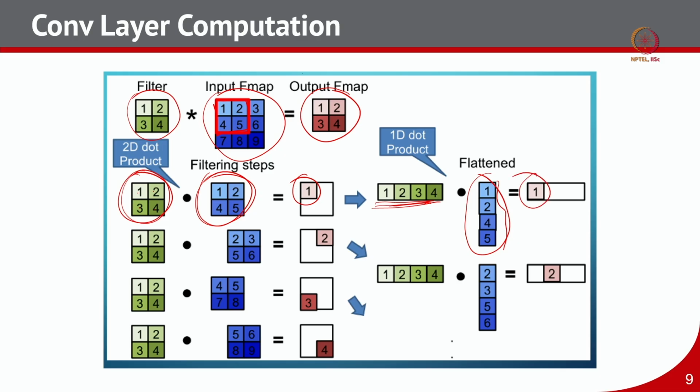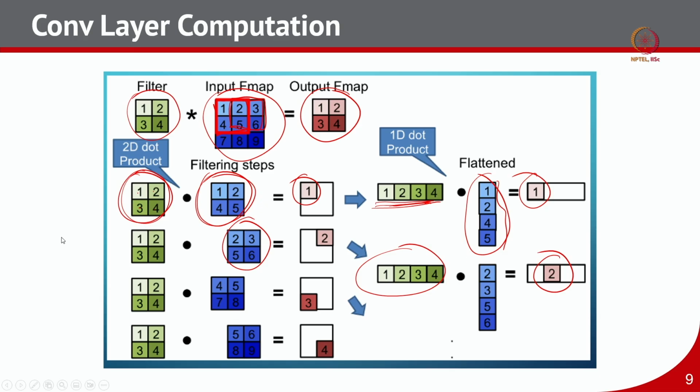Similarly, the same flattened filter is multiplied with the next patch, which is 2, 3, 5, 6. Why 2, 3, 5, 6? Because since our stride is 1, the next patch is these 4 pixels, correct. We can flatten 2, 3, 5, 6 into one column vector, perform the element-wise multiplication, and add all those products to obtain the second pixel of the output feature map, right.